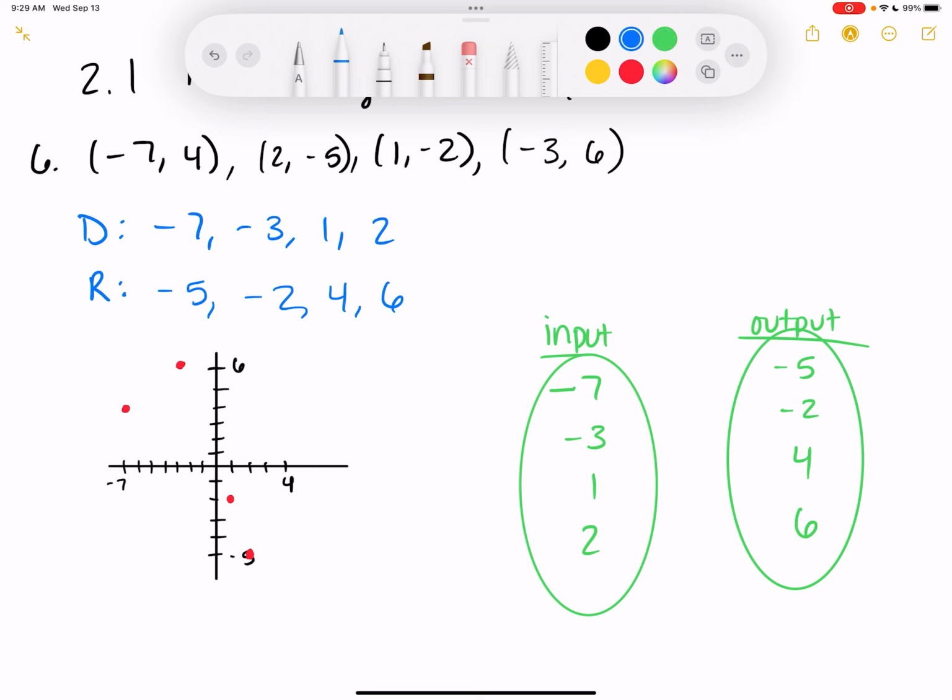And then we just connect the numbers that go together. Now, the other thing is there were no repeats in either of the columns, but if there is a repeat, we don't write it twice. We only write it once. So -7 to 4, 2 to -5, 1 to -2, and -3 to 6.